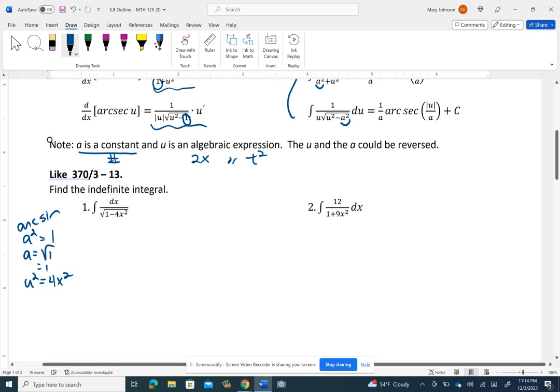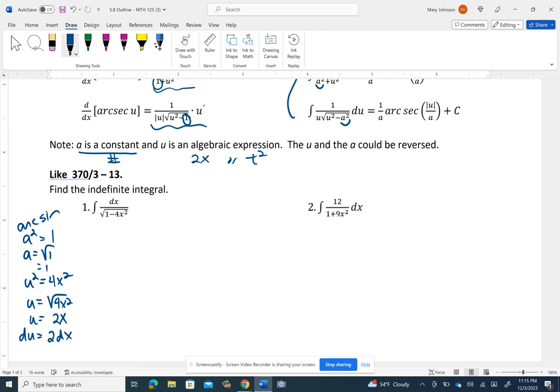So u would equal the square root of the 4x squared, which would be 2x. Now, once you do that, you need to do kind of like what we did in 5-5 and do the derivative with respect to x, because we're going to replace all the x-related things with the u's. So the dx becomes 1/2 du.